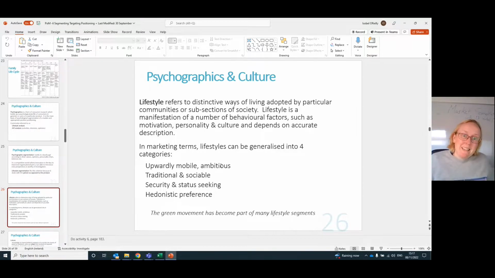Just to explain hedonistic preference, hedonism is the pursuit of pleasure. So doing things because you like doing them is hedonistic. It's not a bad word. When we looked at the bachelorhood stage, where people are typically focused on recreation, they want to spend their money going out on nights out, going for dinners, going to gigs or festivals, holidays, everything in there is for pleasure.